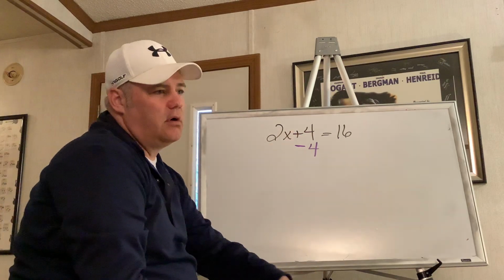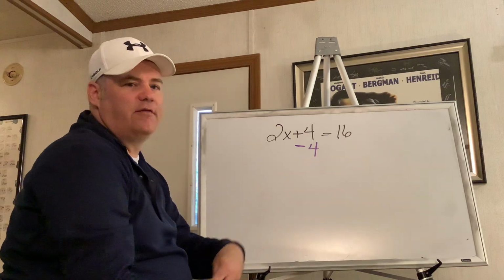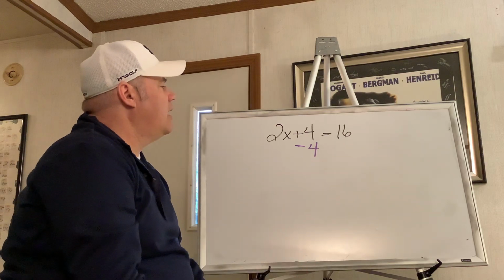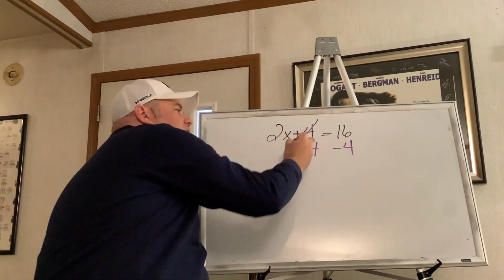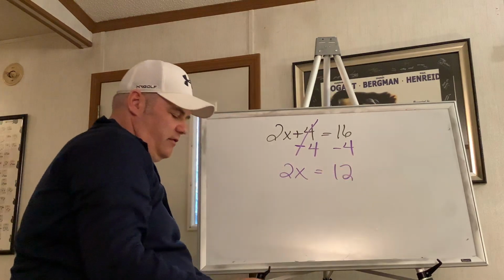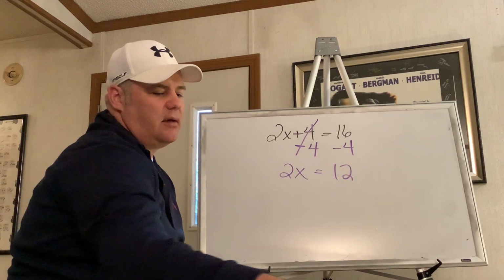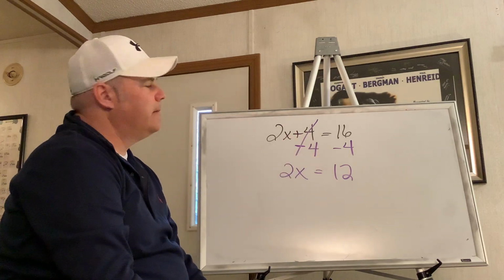I'm adding 4, and then I'm taking away 4 from the whole thing. And then over here, I'm going to take away 4. And so that's going to cancel out. I have 2x. And over here, I have 12. Okay? That was my first step. So the 4 in this case is the easiest thing to move first.